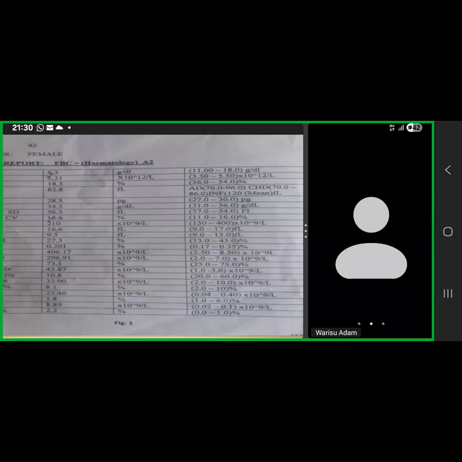It means the neutrophils there are not functional. They are just there. They are not functional normally.